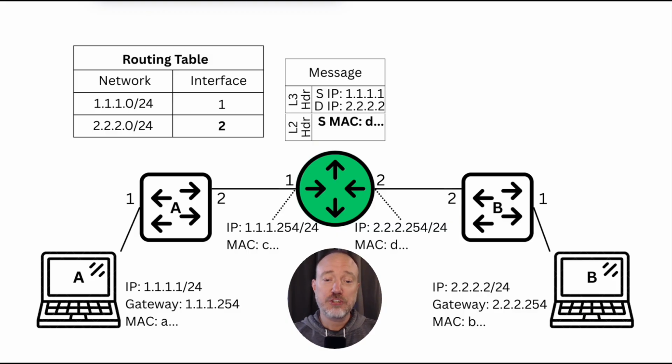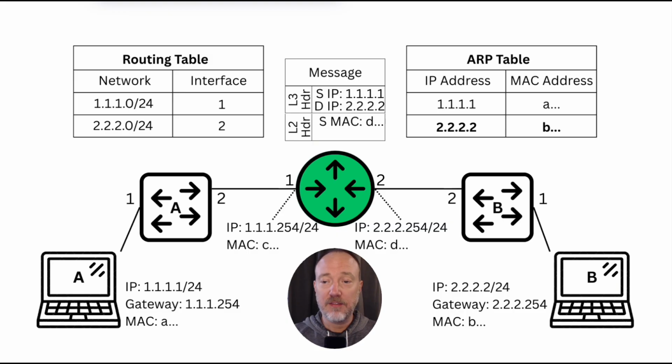So just like before, when PCA had to look in its ARP table to figure out what MAC address do I need to send this to in order to reach the IP, the router has an ARP table as well. And in its ARP table, it's mapping IP addresses to MAC addresses, so layer 3 to layer 2 mapping.